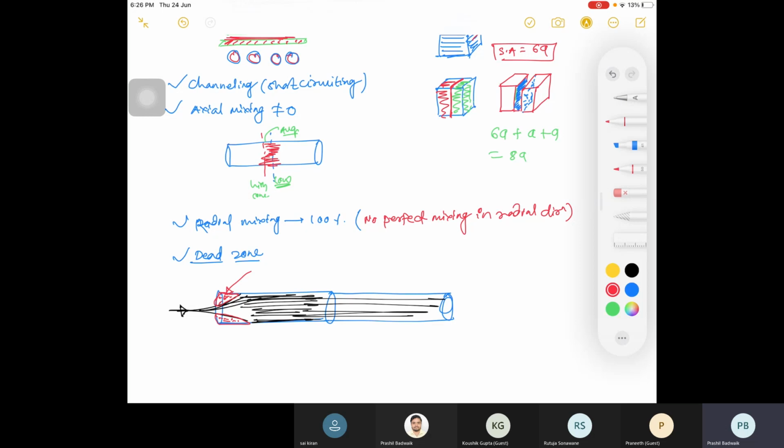Any guess? I'll tell. If there is any guess, you can tell. Anyone?